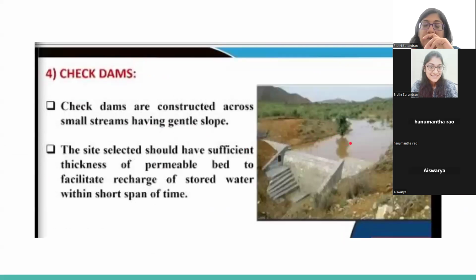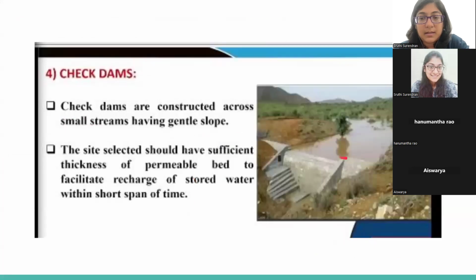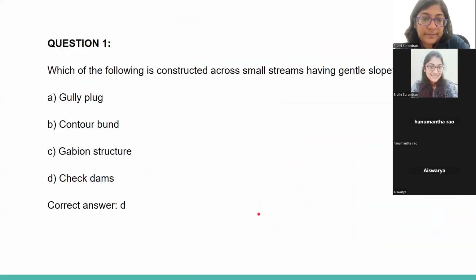If you see from the pictorial representation, these streams are a little bit larger than what is shown here. These are very small streams, and one key thing is the break in the slope. Whereas here it is right across the stream, which needs to be a comparatively larger stream. So the correct answer here would be check dams.